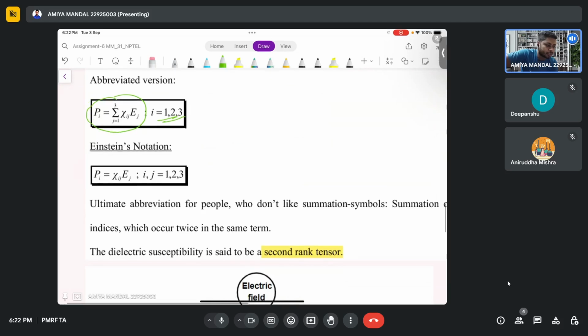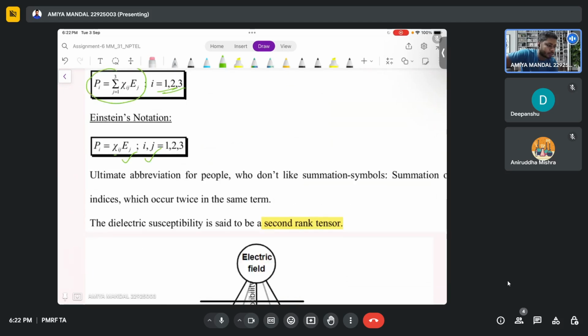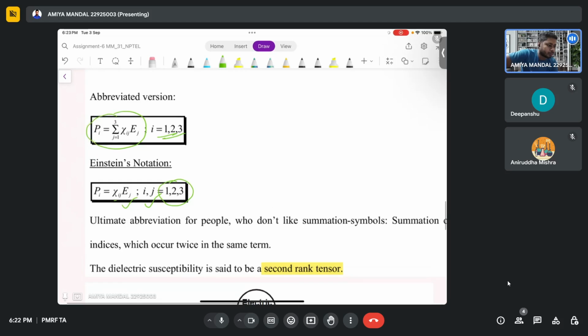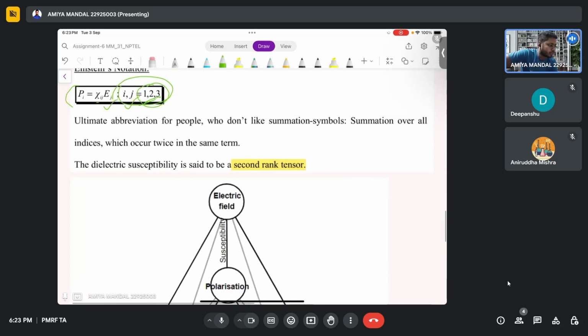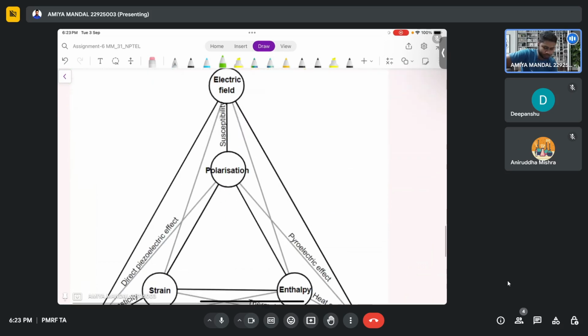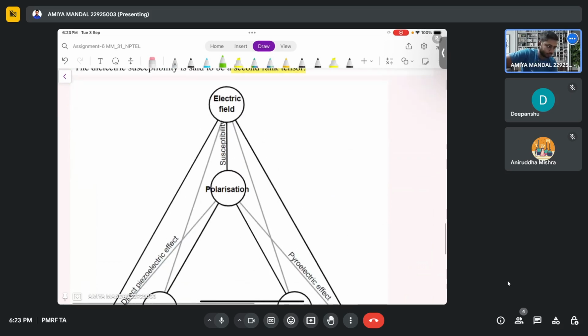This is the Einstein notation. I and j both lie in 1, 2, 3. So this is the abbreviation version where only j is varying. But in Einstein notation, we do not use the summation symbol. We only use i and j values and their variations. So this is for second rank tensor.